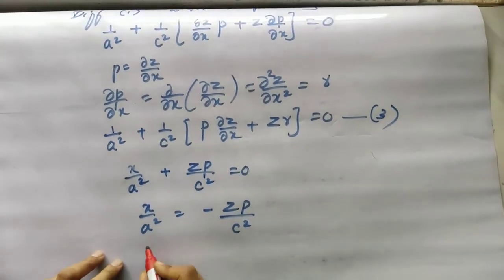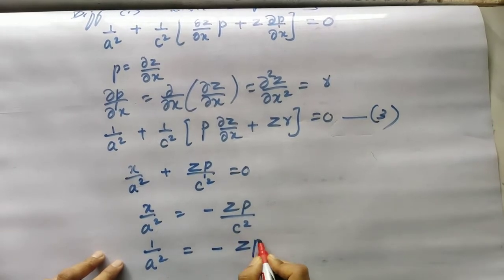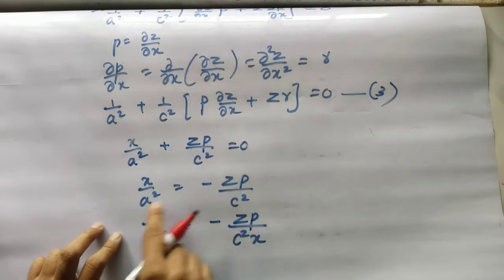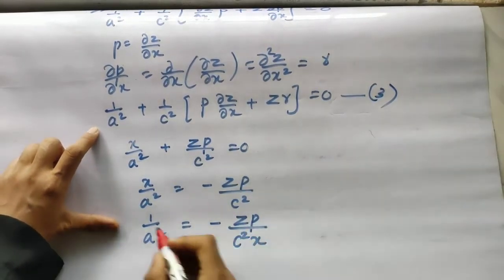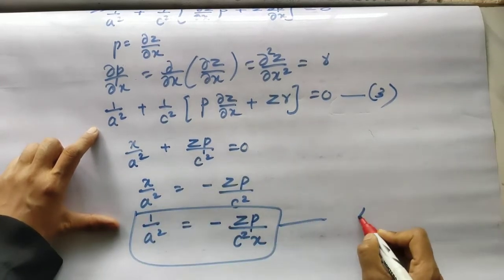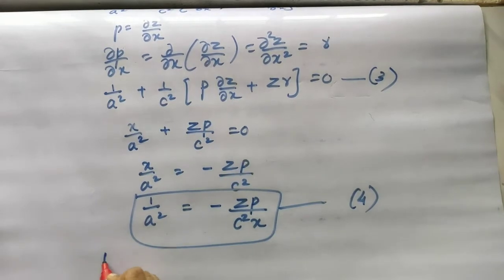I will take x to the other side. So 1 by a square will be minus z into p divided by c square into x. Right? So this value of 1 by a square, I'll substitute it here in equation 3. So call this as equation 4. Okay? Using this in equation 3.